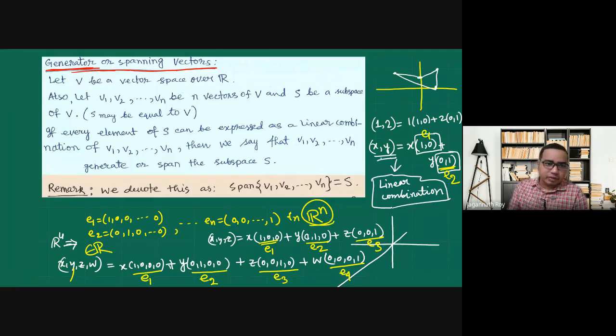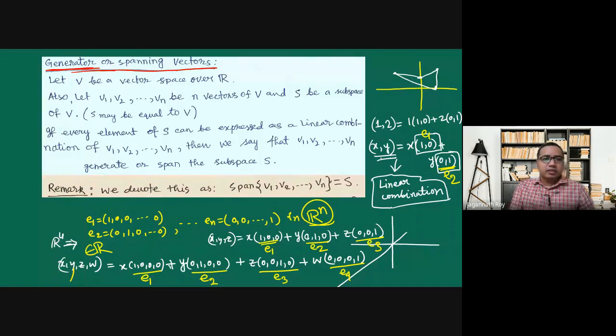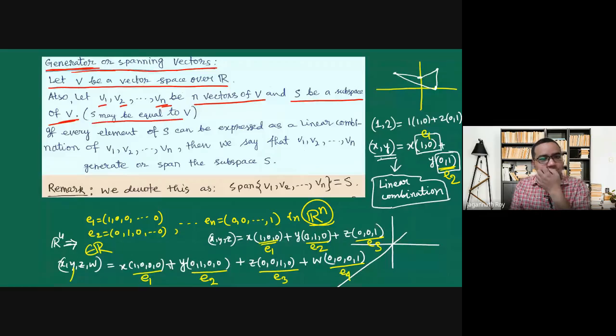Now let us come back to the definition. The definition says: let V be a vector space and V1, V2, up to Vn be n vectors of the vector space. Also we assume S is a subspace of V; S may be equal to V also.